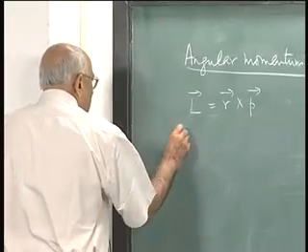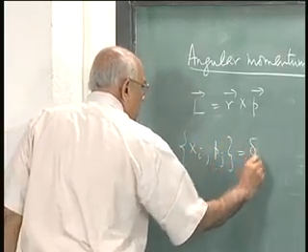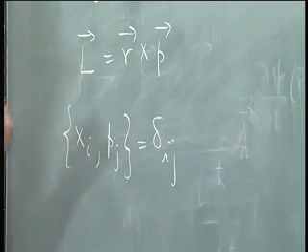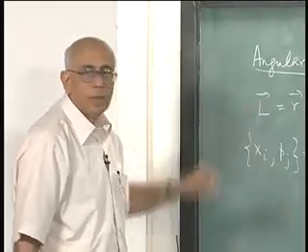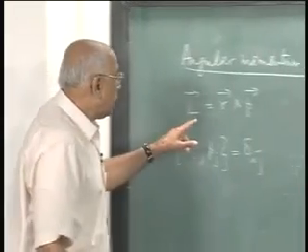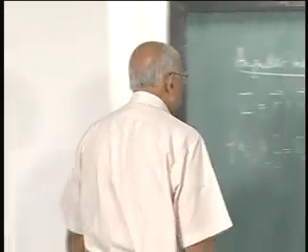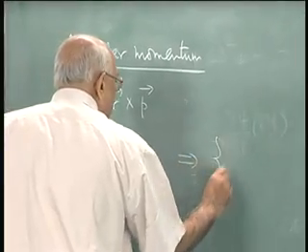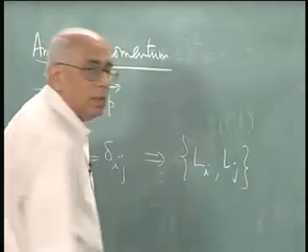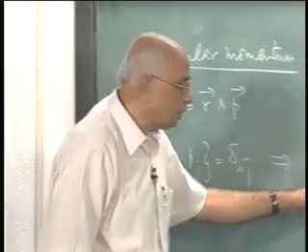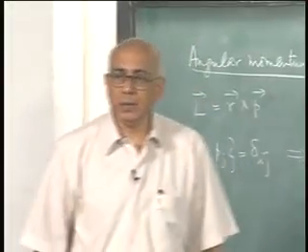Now for a moment let us look at it classically. We know that the Poisson bracket of xi and pj is delta ij. This is the classical Poisson bracket between a coordinate and the conjugate momentum. Okay. When you apply it to a particle of this kind, you can ask what are the commutation relations of the L's among themselves. So this would imply that the Poisson bracket of L1 with L2, by 1 2 3 I mean the x y z components, is equal to L3 on the right hand side.